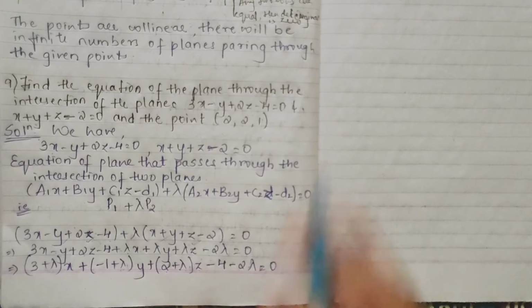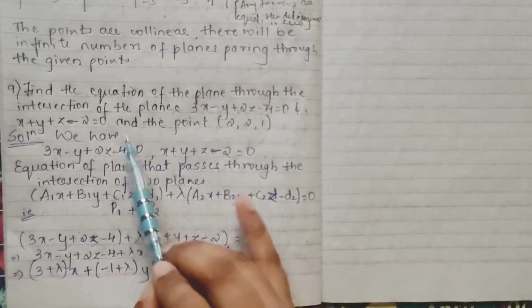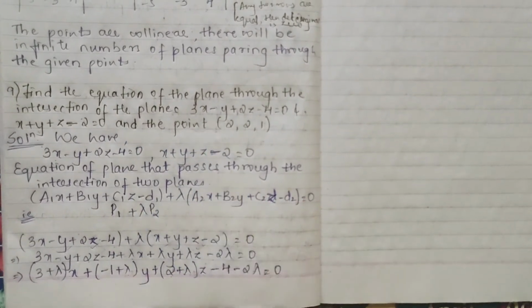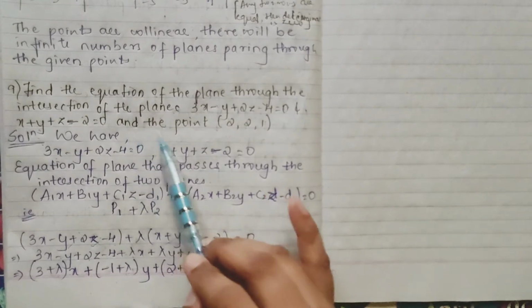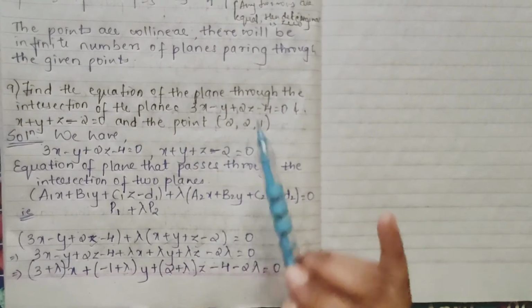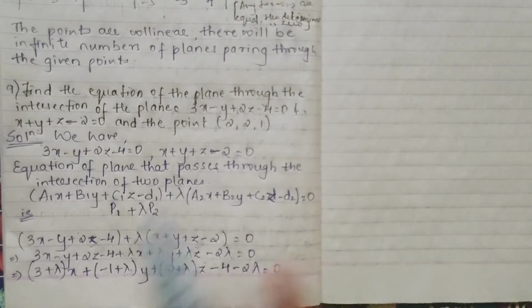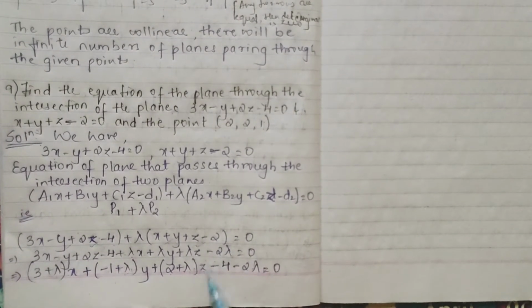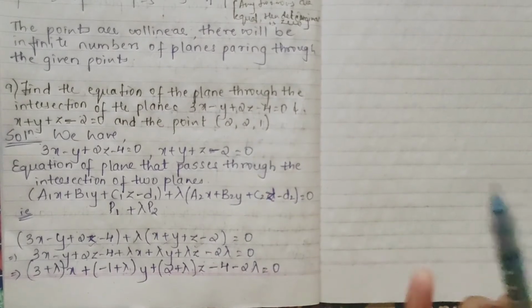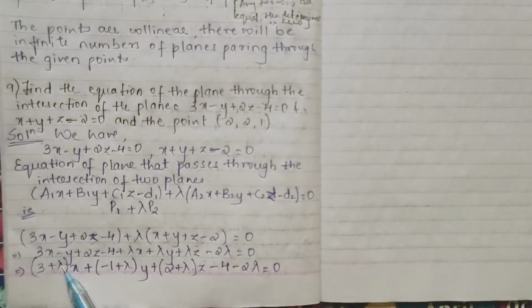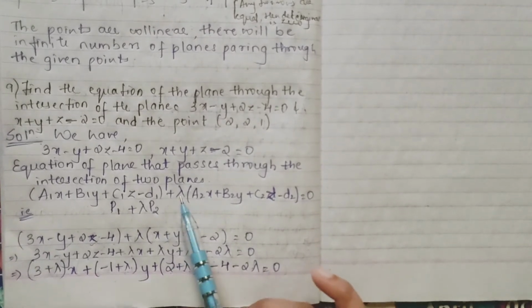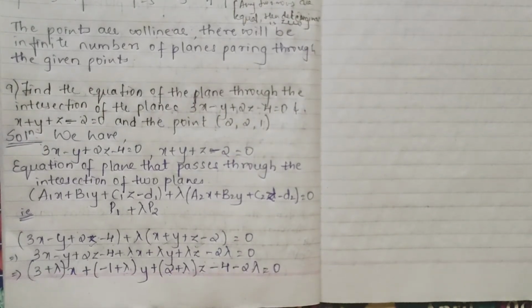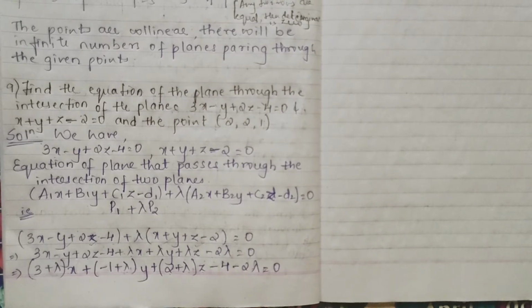We can go back to the question, because one more thing they have given: a point 2, 2, 1, which means x, y, z. If we put these values in this equation, we can get our lambda value, and then substitute it directly. Please copy all this.